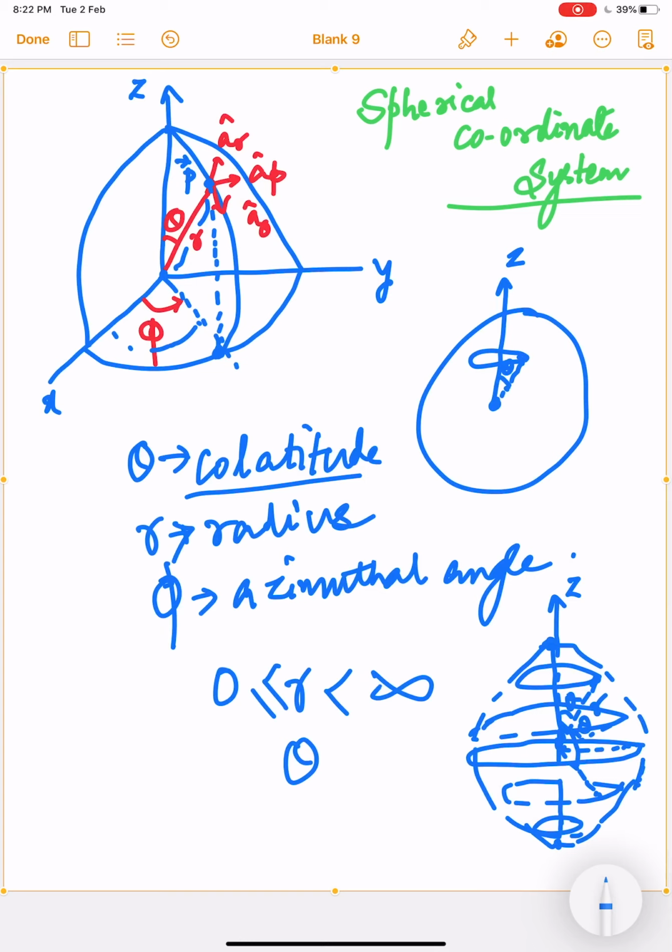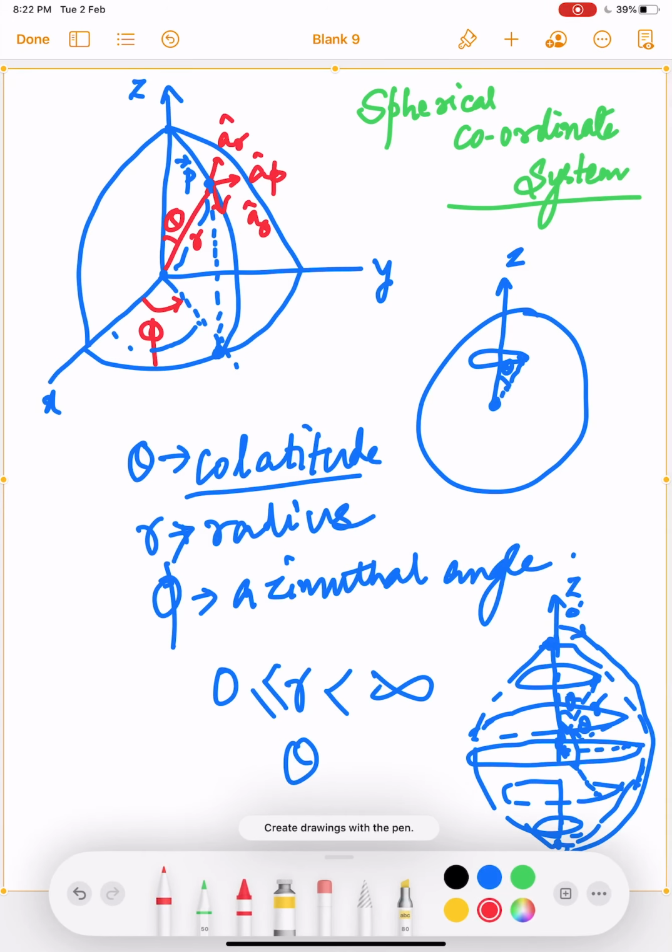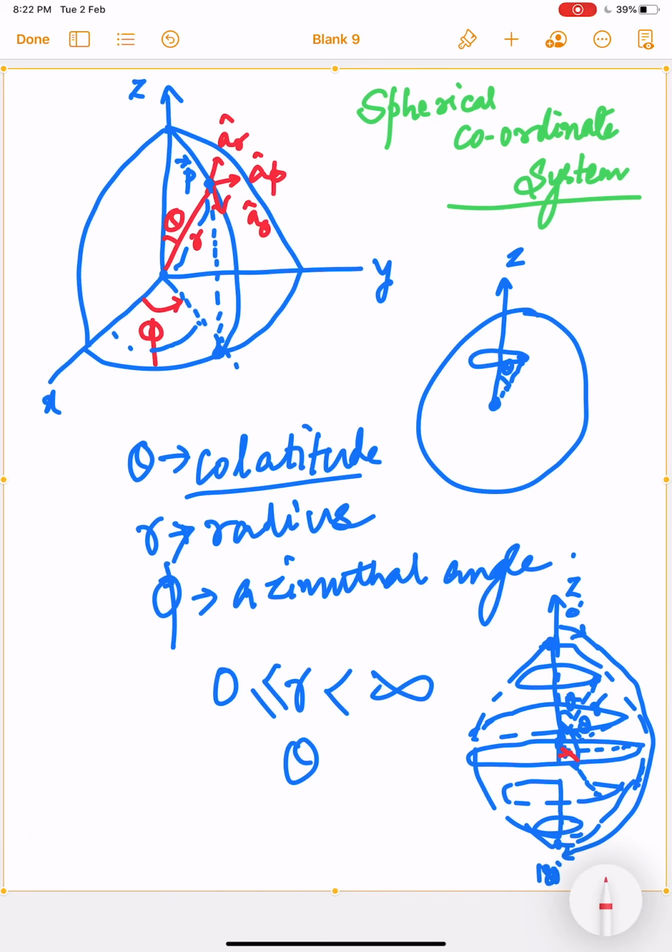So basically you can vary theta from 0 degrees up to 180 degrees, and phi is the angle from the x-axis. If you make a complete circle, you can vary phi from 0 degrees up to 360 degrees.